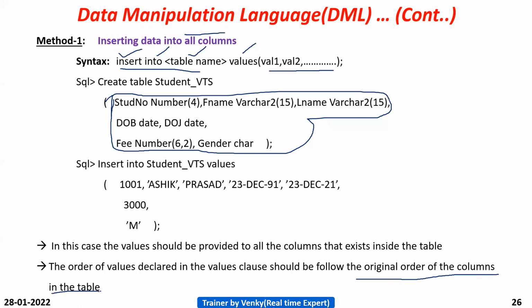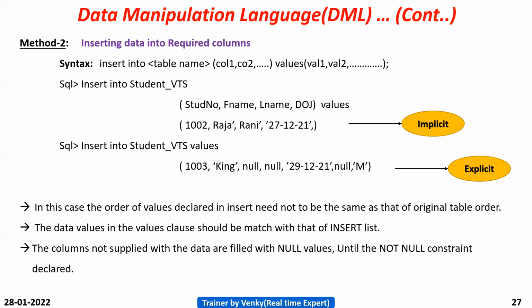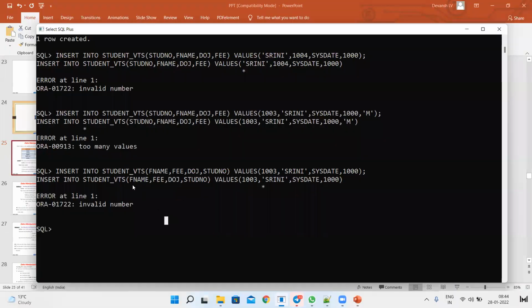Am I right, guys? Yes, sir. In case of inserting the data into required columns, you no need to follow the original order. You need to follow this order. Whatever columns you mention, you need to follow this order. You have to mention the values based on the columns you specified in the column list.